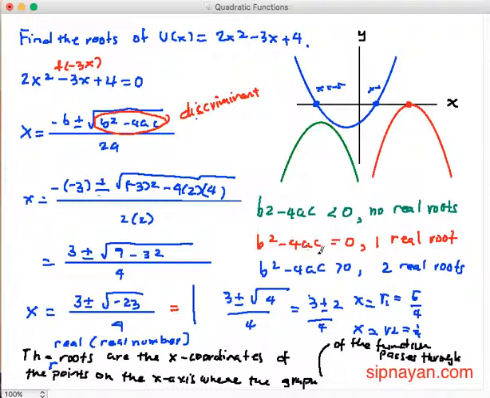If b squared minus 4ac is equal to 0, then the function has one real root; it intersects the x-axis once. And if b squared minus 4ac, or the discriminant, is greater than 0, then there are two real roots. It means the graph intersects the x-axis at two distinct points.